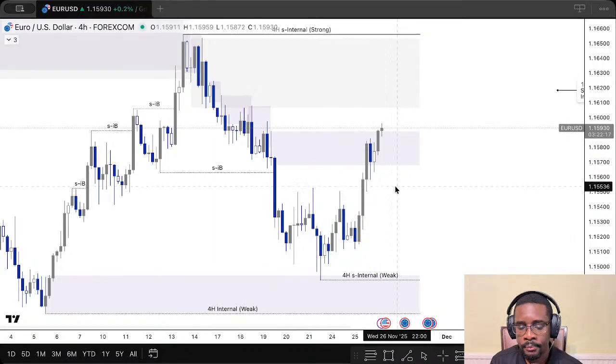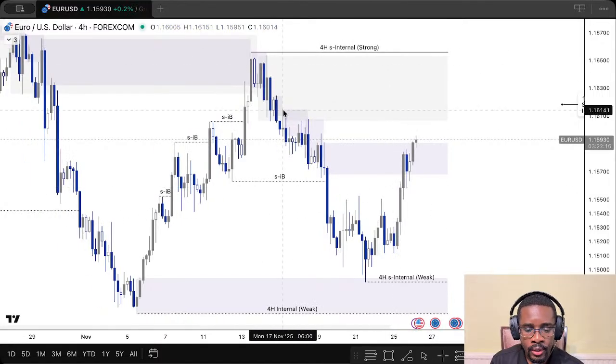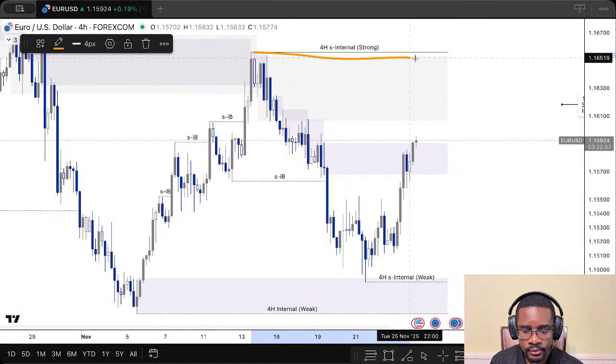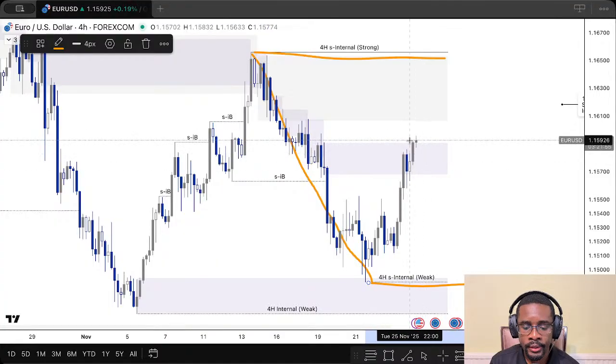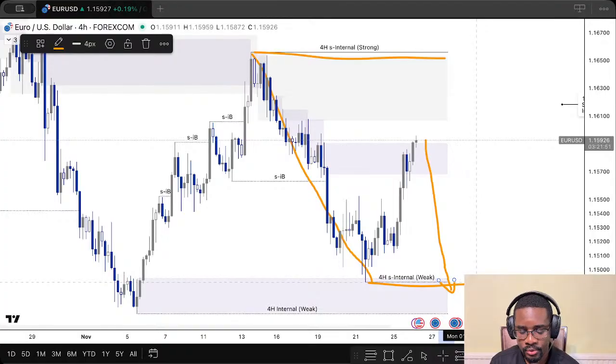But at the same time, we can see that the internal for this swing, for this 4-hour leg, is bearish. So this could simply be a pullback before price continues to drop.